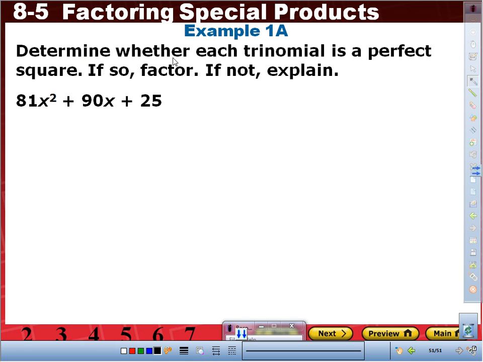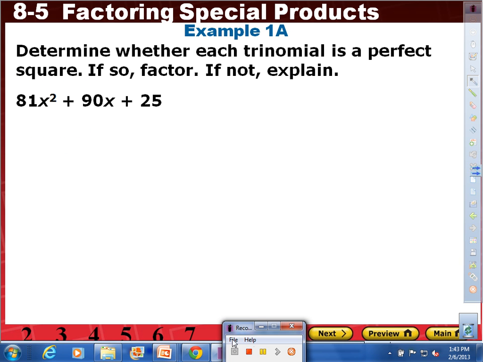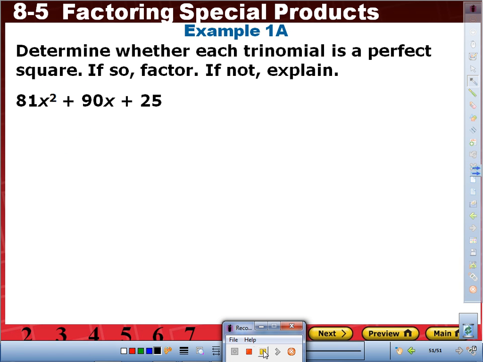The trinomial that they give us is 81x squared plus 90x plus 25. Copy that. Writing utensils down. Let me go over this one first to make sure that you understand.